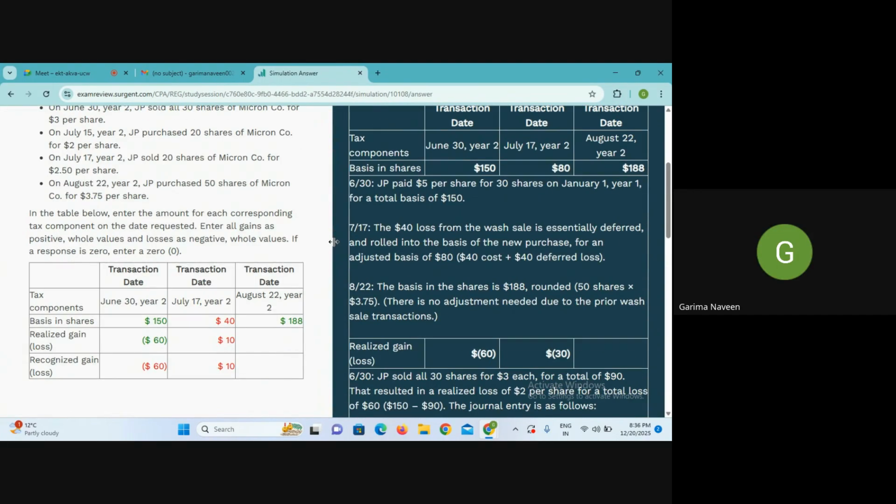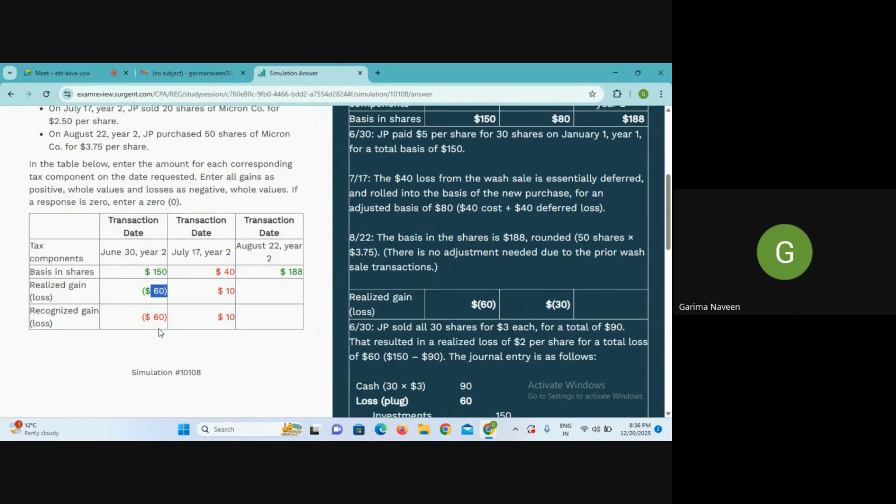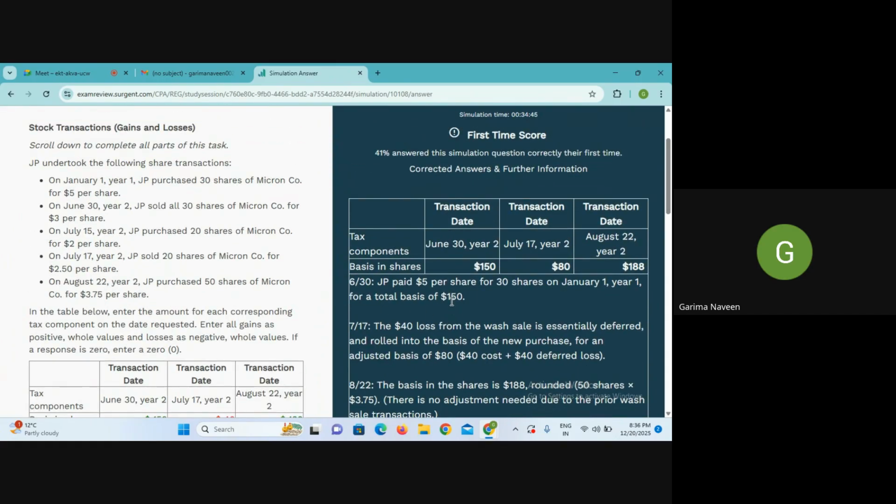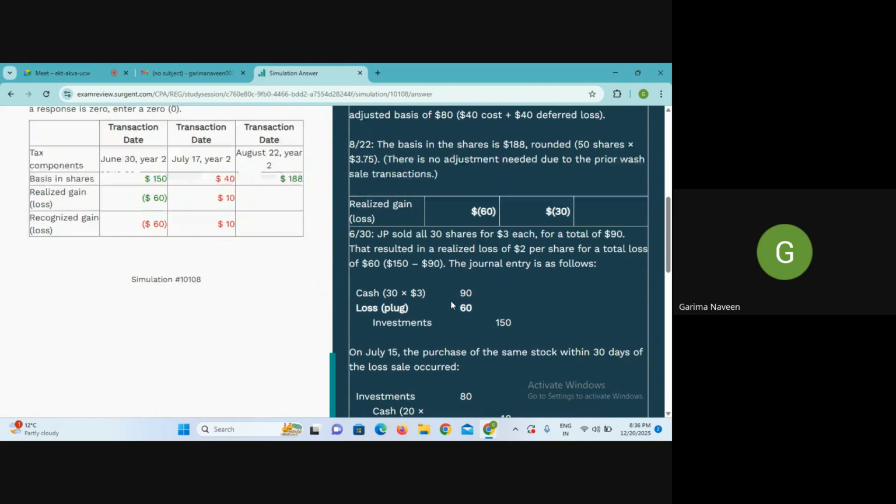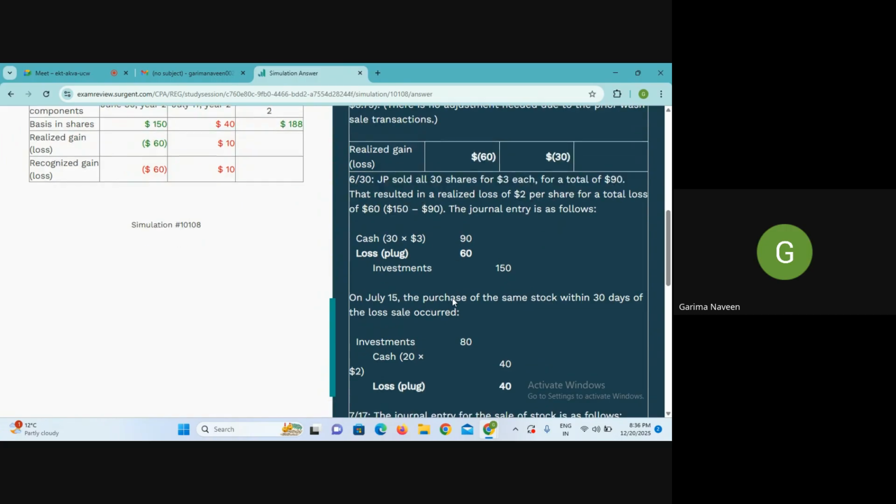Okay, so first of all, your basis is correct. Realized gain is correct, but recognized gain is not 60. Recognized loss will not be 60. Let's see why.